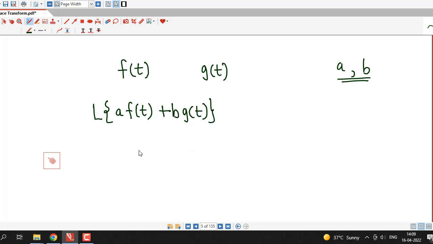Then the linearity property says that the Laplace transform of a times f of t plus b times g of t equals a times the Laplace transform of f of t plus b times the Laplace transform of g of t.